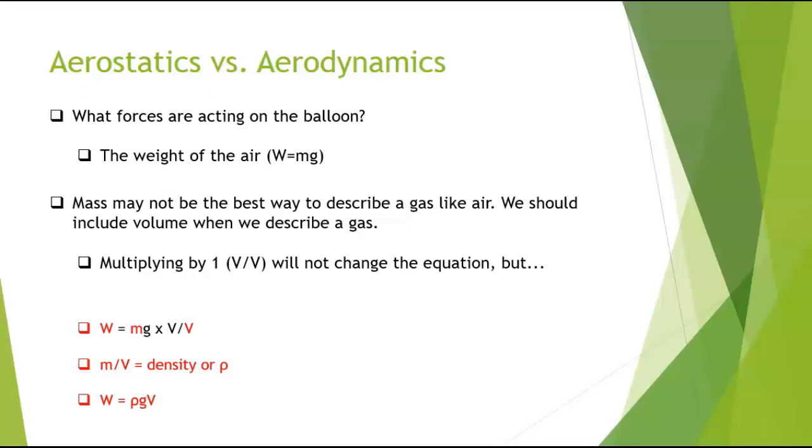But when we do that, we get weight equals mass times gravity times volume over volume. And we can eliminate one of those volumes by combining mass over volume, which equals density. So now we can further simplify the equation to weight equals density times gravity times volume.